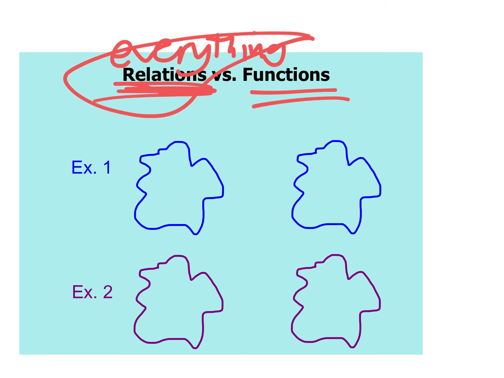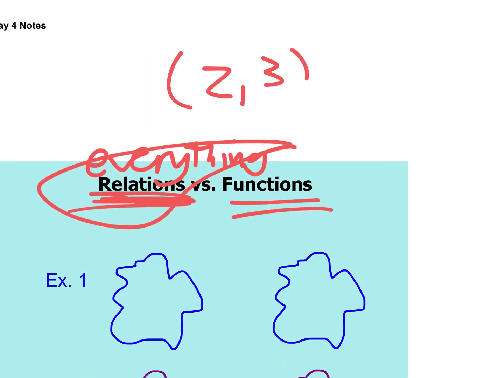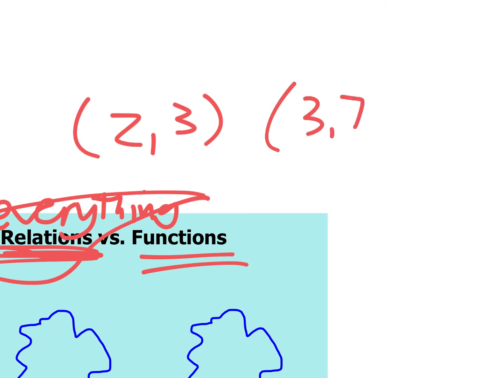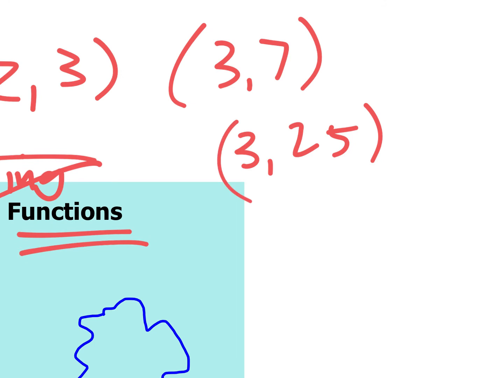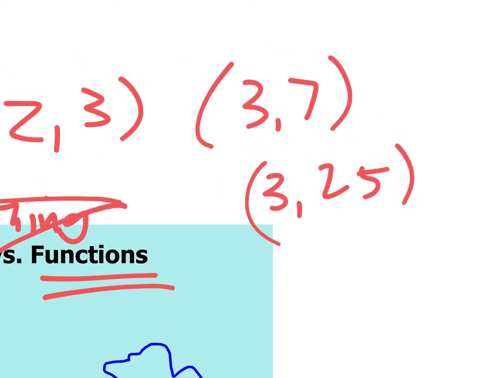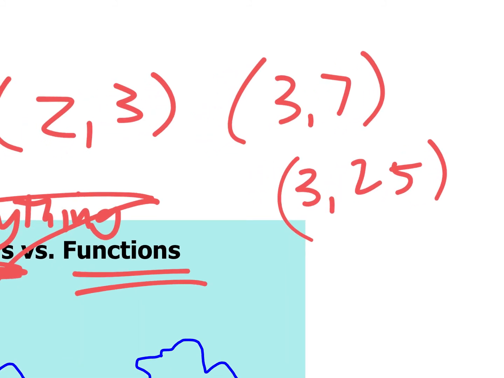I can just give you a list of anything like (2, 3), (3, 7), and (3, 25). As long as I have two things, that's a relation between x's and y's. But functions are a lot harder to be. For a function, all of the inputs can only have exactly one output.